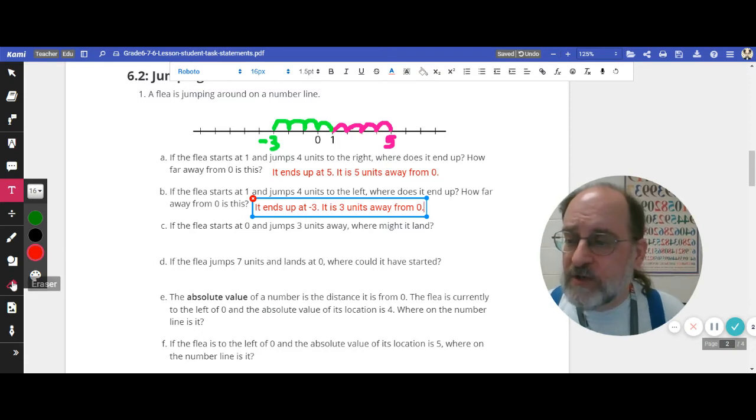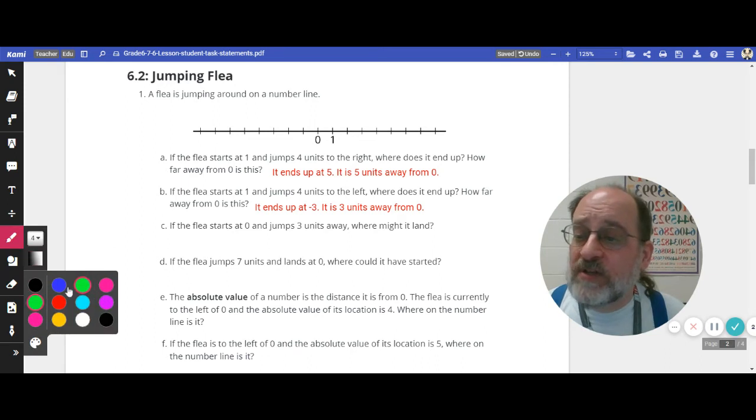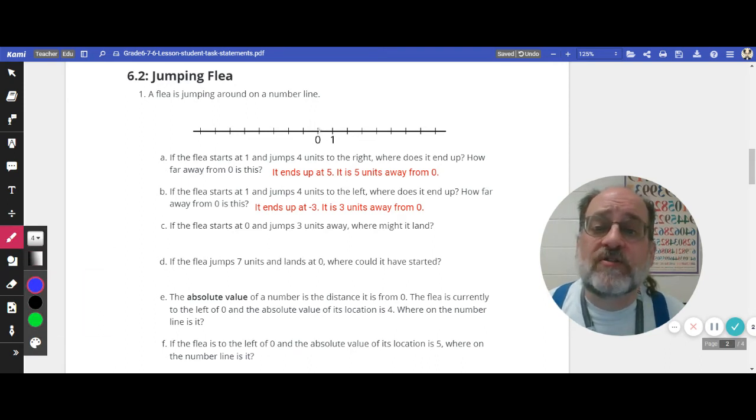All right, I'm going to erase what I have up here to start talking about the next questions. If the flea starts at 0 and jumps 3 units away, where might it land? Well, notice it didn't say direction here. So I can start at 0 and jump 1, 2, 3 to end up at +3. Or I can jump the other direction and go 1, 2, 3.